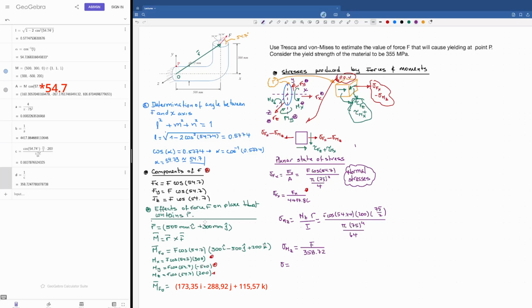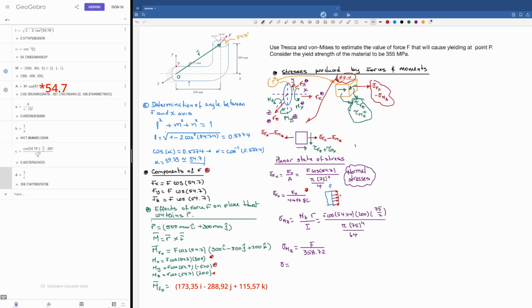And I said that in this case, I should have drawn this figure here. So let's draw, for example, for the normal force, if this is the tube section where P is located, the stresses there caused by the normal force are going to be pulling like this.